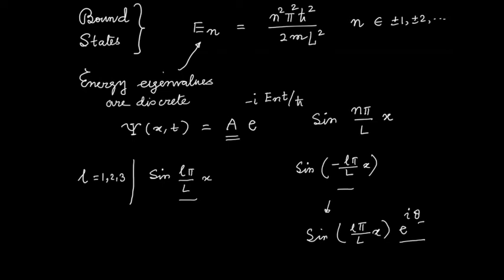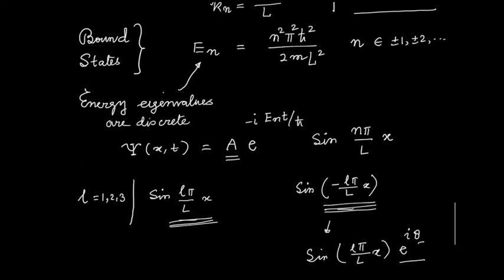Which means that these wave functions, one for positive values of n and the other for negative values of n, just differ by a constant. We said that we don't care about the constants because we already have a constant still to figure out, which is the amplitude of the wave function. So I don't need to consider the negative n values and the positive n values together.